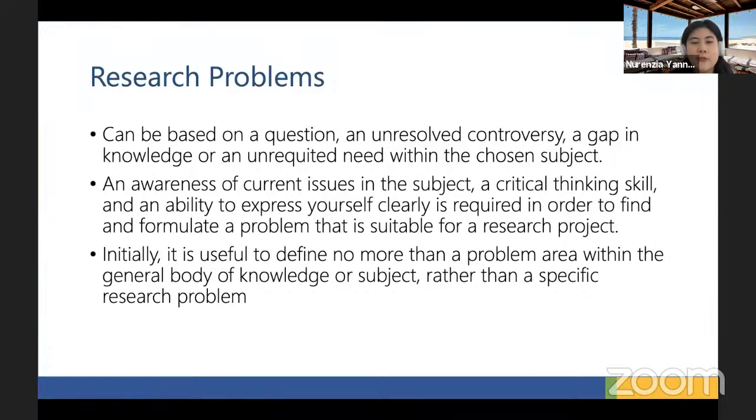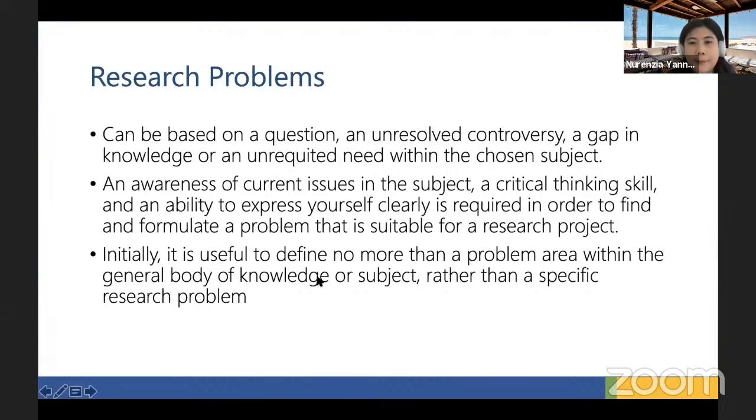And how do you find this? You choose a subject and then use your critical thinking and think about things that have not been discussed before or need to be discussed more in that subject.